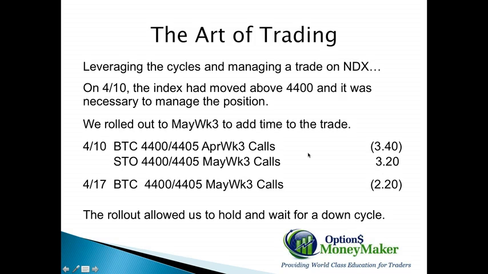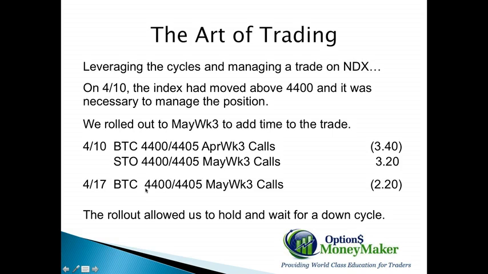It wasn't expensive, and what it did was allow us to hold for a down cycle, which we felt strongly was coming based on the chart, and we did not run up against April week 3 expiration. We bought ourselves an entire month. It's not our intention to hold for another month, but we want to have a month available to us so that we can continue to control the position.